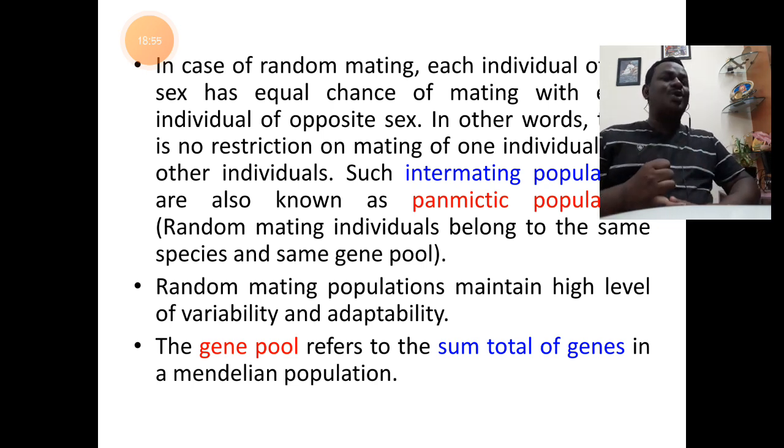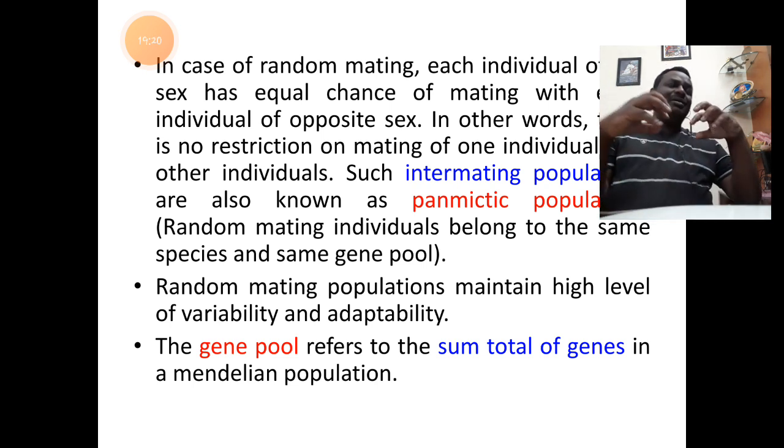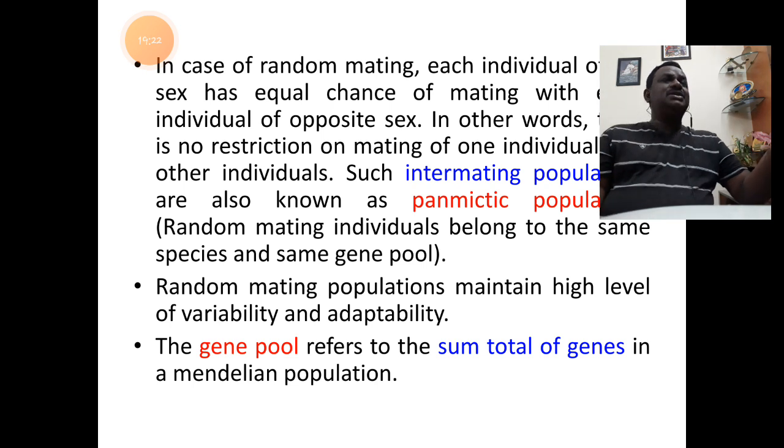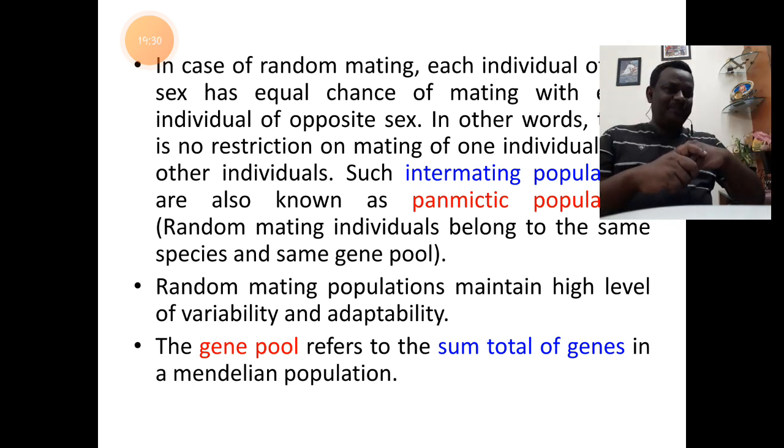This is the advantage of random mating. Number two, the gene pool concept, that is, random mating of individuals occurs in the same species and the same gene pool is maintained. In simple terms, I can say when the individuals of two different geographical areas mate, the genetic variations are much the same.